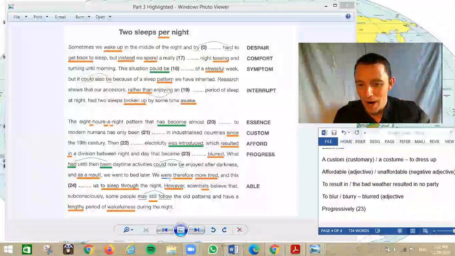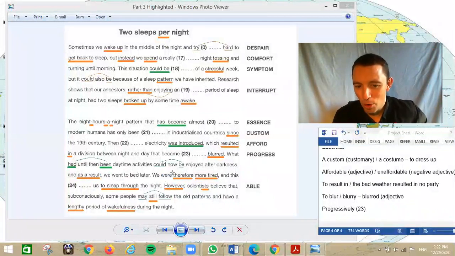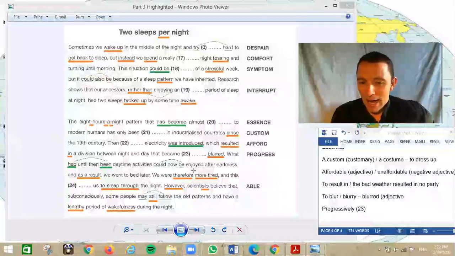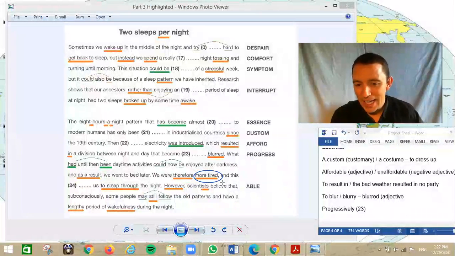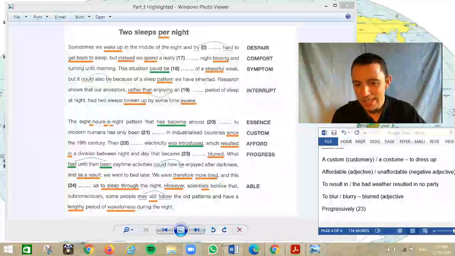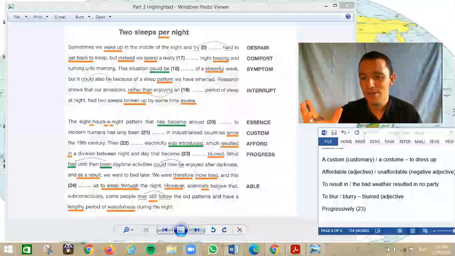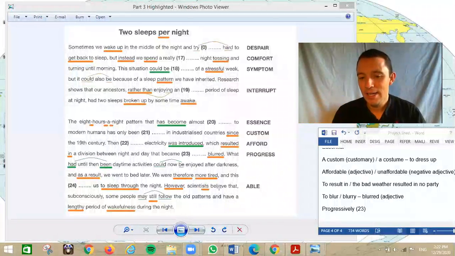In the past, we were, therefore, again, por lo tanto, as a result, it's like a synonym, more tired. And that's important because the adjective is tired, and in this situation, the incorrect is tireder. That's incorrect. So it's necessary to say more tired.